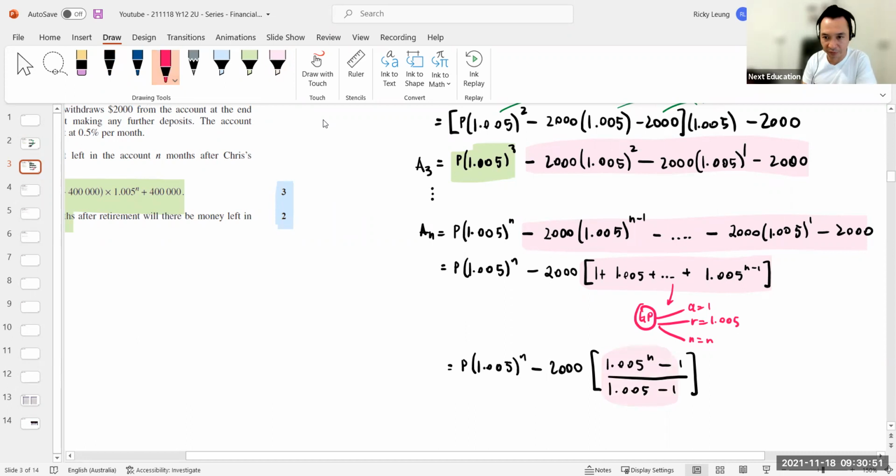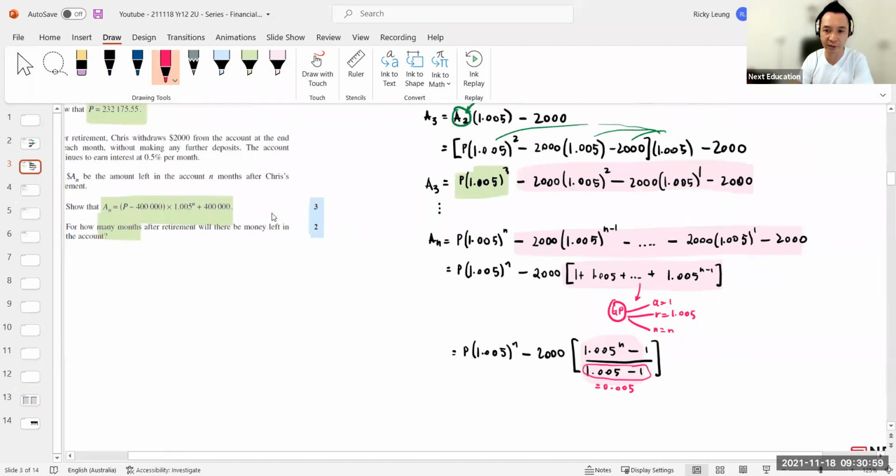So just to be clear, what I was referring to before was that the denominator here is 0.005, and in my question there is no fraction. But what you'll find is that if you take 2000 divided by 0.005 on your calculator, I think it's 400,000. Let me just check that. So 2000 divided by 0.005 is 400,000, right?